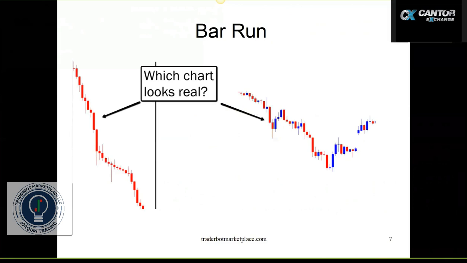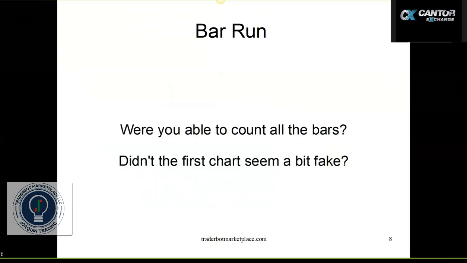It does happen, but the probability of the left chart happening is usually about 99.99% that it's not going to happen. They do happen from time to time, but I checked last night. The Euro USD, I think it went to 15 red bars in a row only once in the past year, something like that. But we'll get into that more.